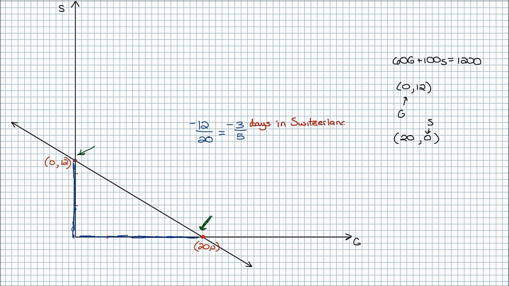And the horizontal variable represents days in Germany. So if you look at that, it means when you lose 3 days in Switzerland, you gain, right, because that's a positive 5, you gain 5 days in Germany.